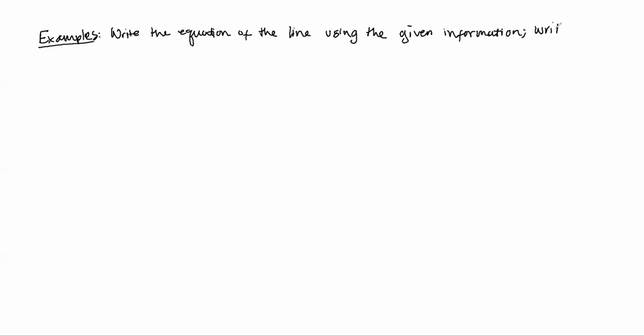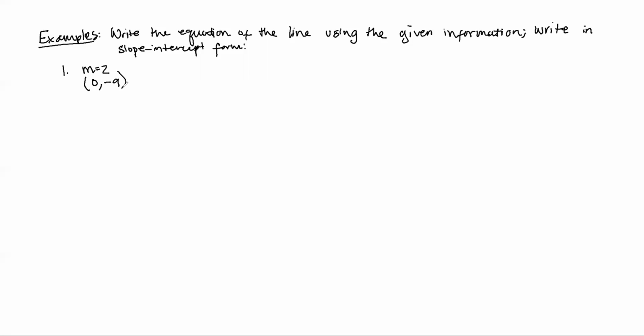And we're told to write our answer in slope-intercept form. So number 1 here, we're given m equals 2 and the point 0, -9.